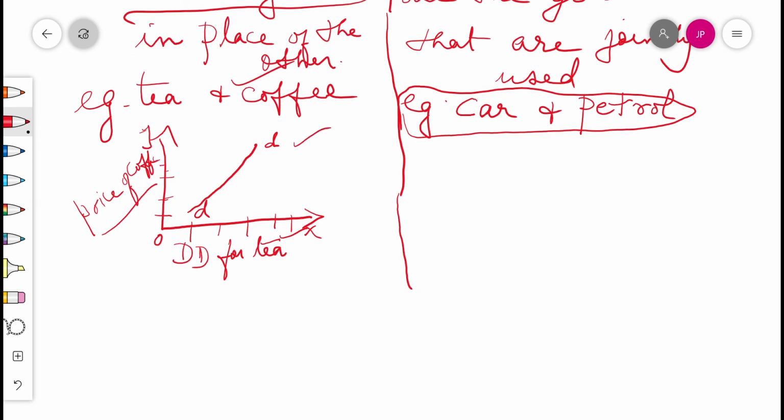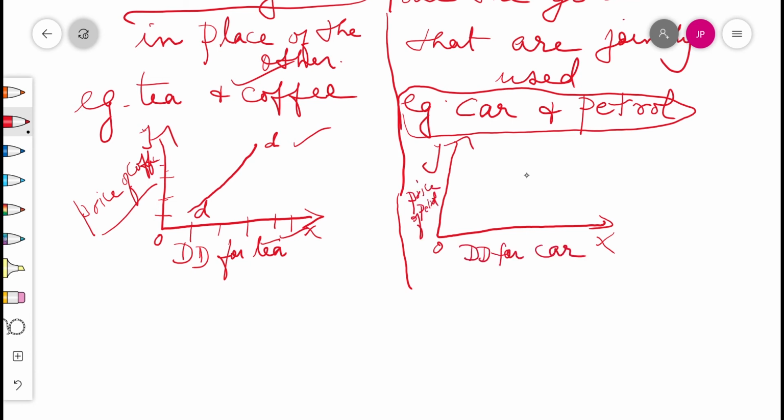In the case of complementary goods, tell me what are complementary goods? Complementary goods are the goods that are jointly used. My best example to give the correct idea: I take the demand for car and the price of petrol. As the price of petrol is high or increasing, demand for car or vehicles goes down. So it's an inverse relationship.